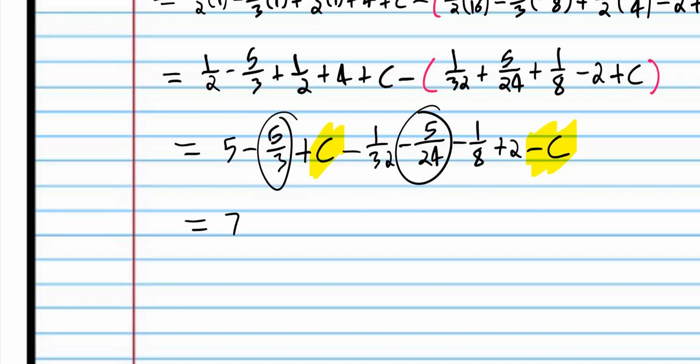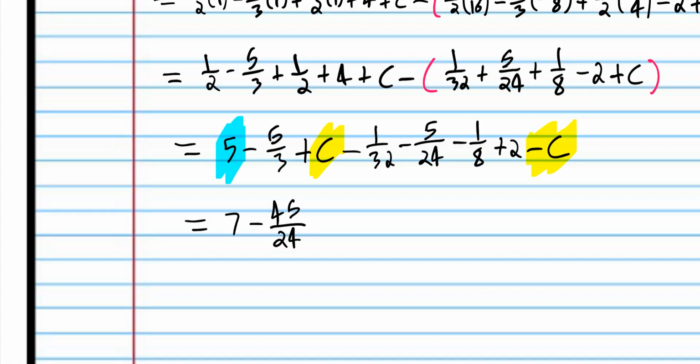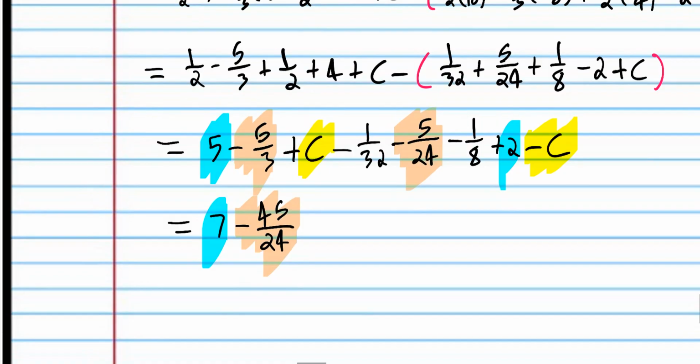And we get, looks like, negative 45 over 24. So I combined those numbers, and I'm going to combine these remaining fractions, and we get negative 5/32, it looks like.